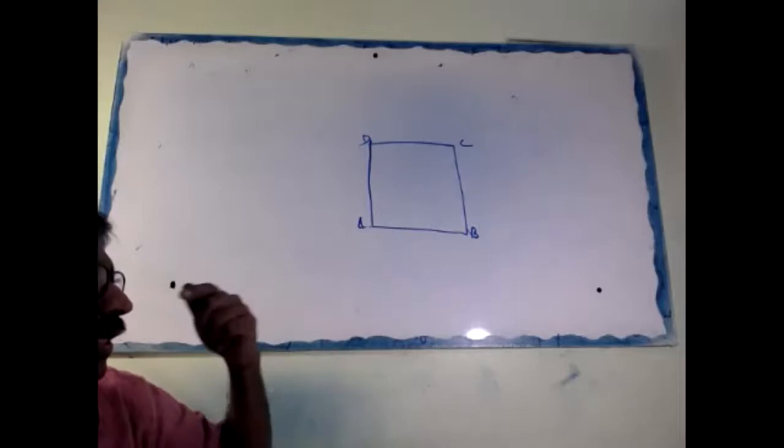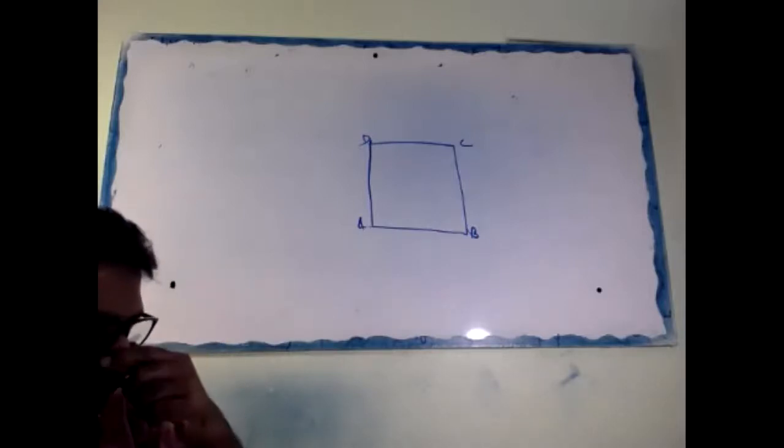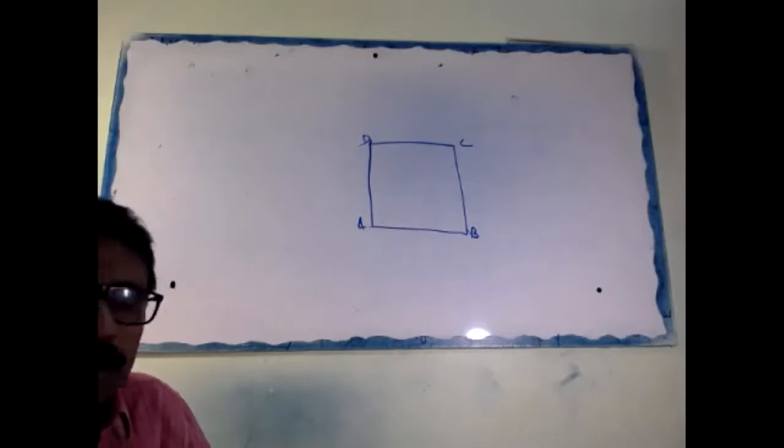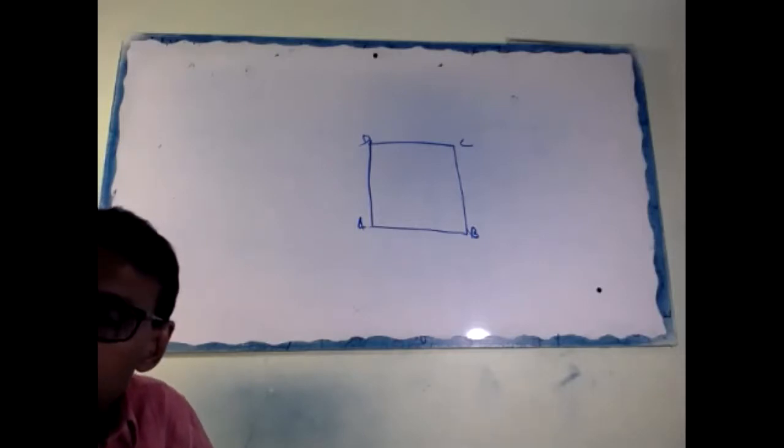Then angle A equals B equals C equals D equals 90 degrees.